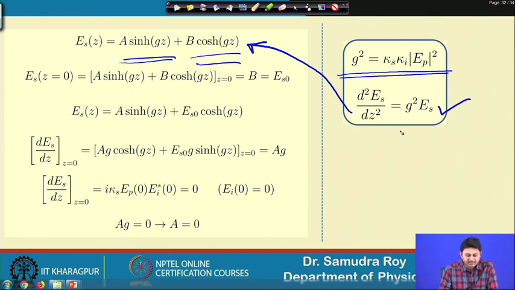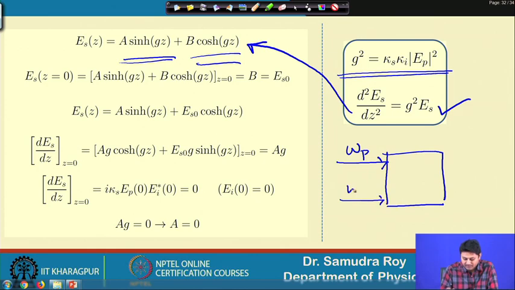The next thing is the boundary condition, and it is important to remember the structure. What is that? Omega p was launched along with omega s. So, the field associated with omega s is not equal to 0 at z equal to 0. We should have some kind of signal field at z equal to 0.